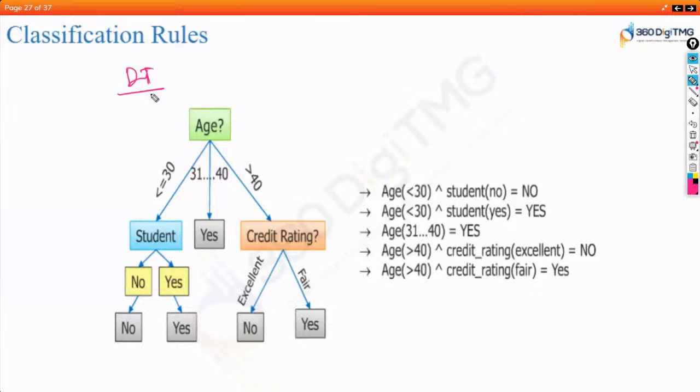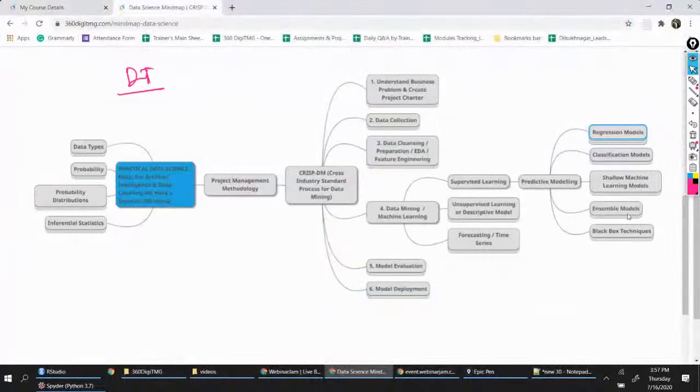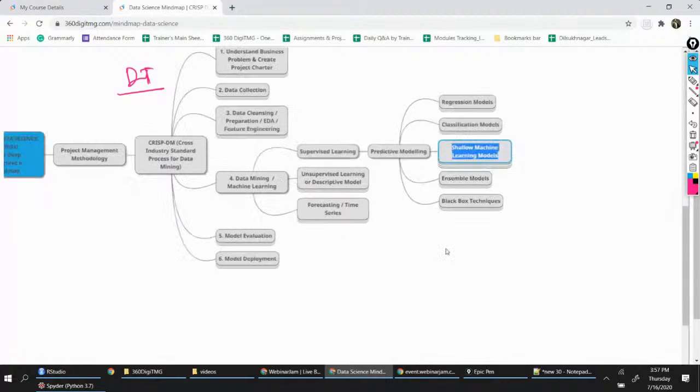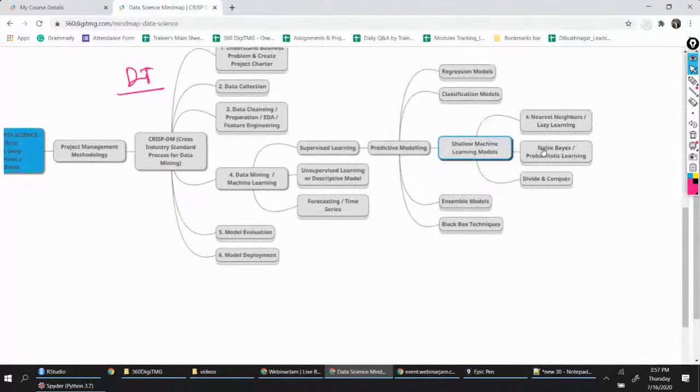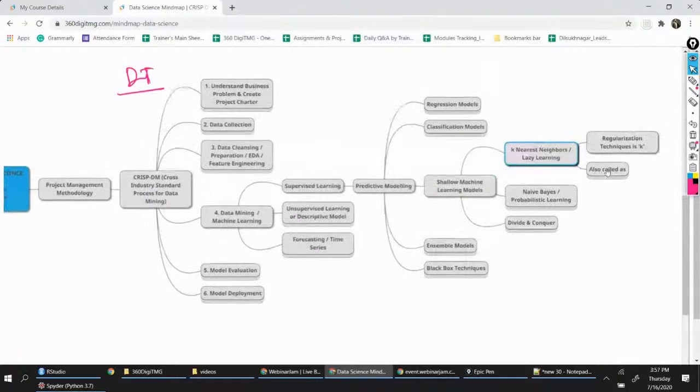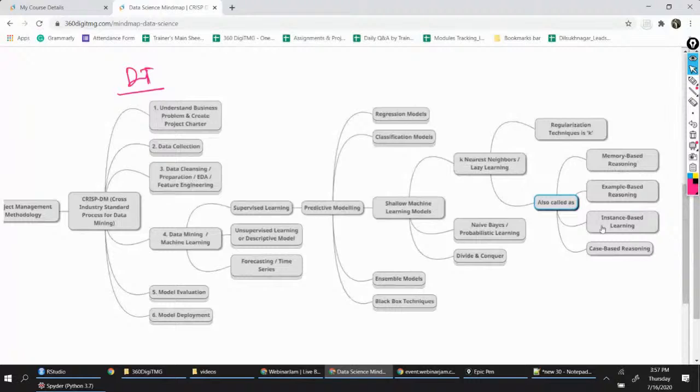So there are various other ways to generate machine learning algorithms. This is one of the ways. So you can see here we are doing predictive modeling. Under shallow machine learning models, we have KNN. This is what we have discussed. It is also known as memory-based reasoning, right? Lazy learning, example-based reasoning, instance-based learning, case-based reasoning.